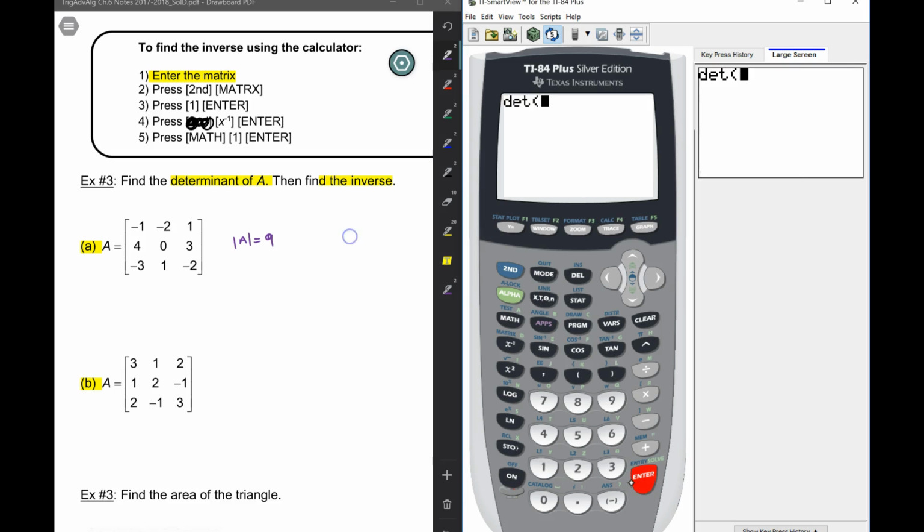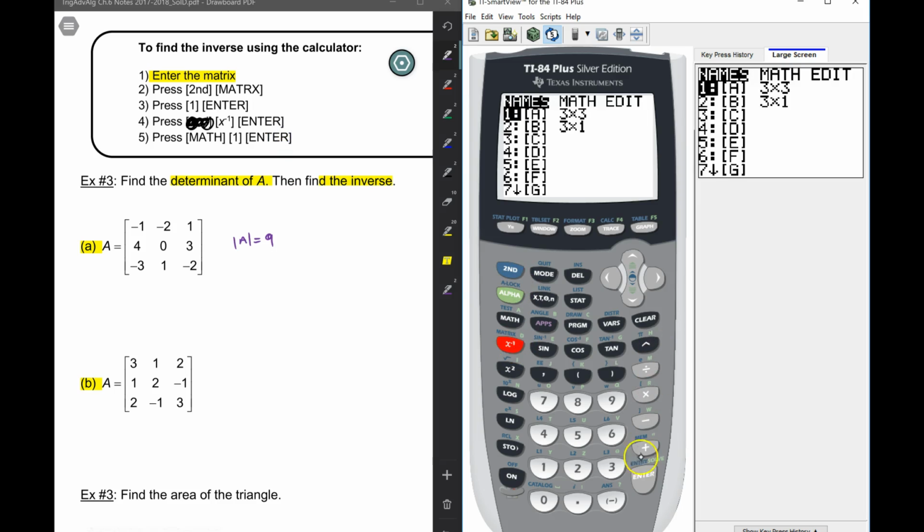Then you press enter, and then you go back and you need to put in your matrix. All right, so the inverse then. We said that the determinant of this matrix was 9. That's part A, the first part that we had to do.